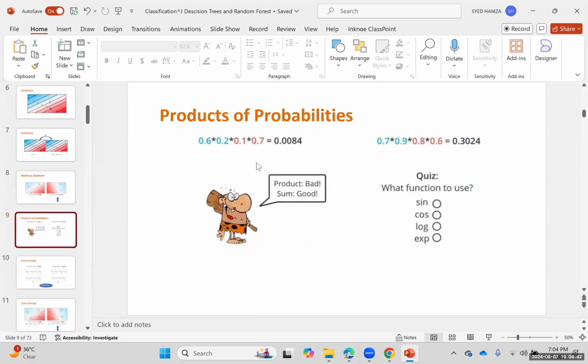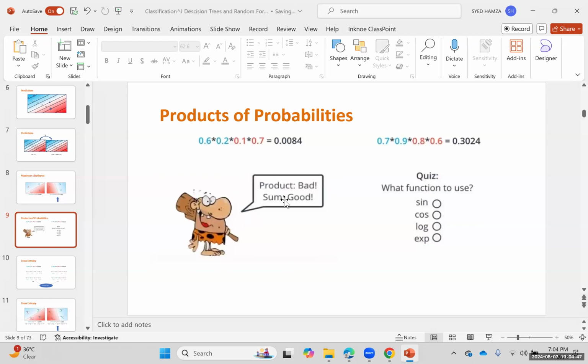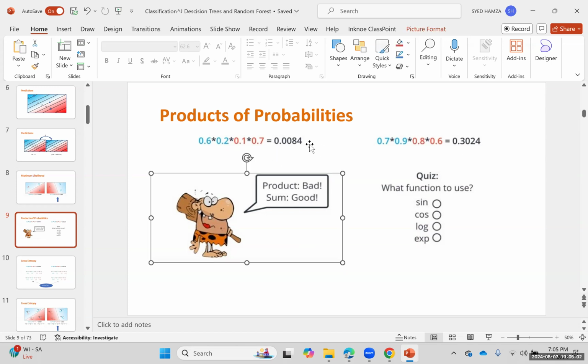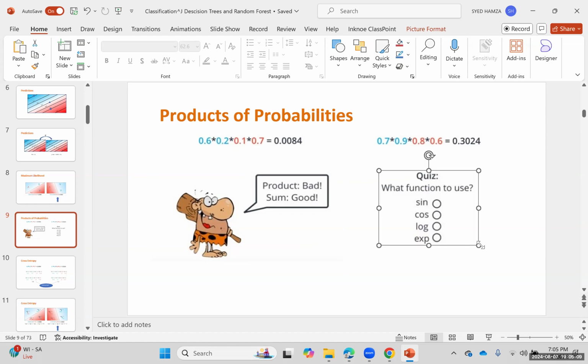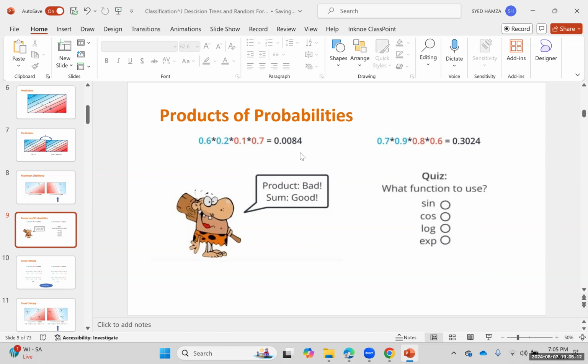So what we do in this case, we use this mathematical concept: when you are dealing with decimal numbers less than 1, you're not going to multiply them, you're going to add them together. So instead of multiplying them, how do you add? Mathematically, if you have this multiplication and you want to convert it to addition, what function are we going to use that can convert a product to a sum?